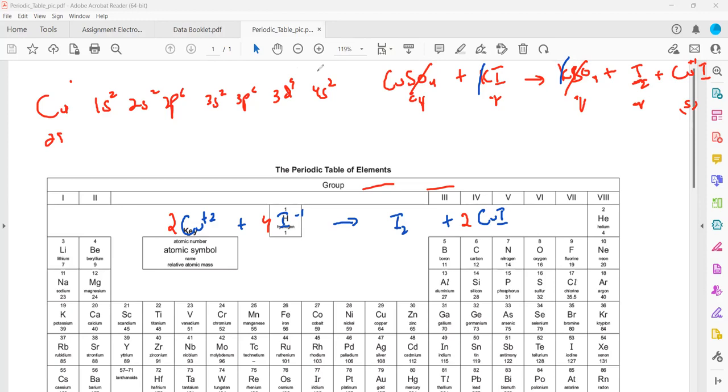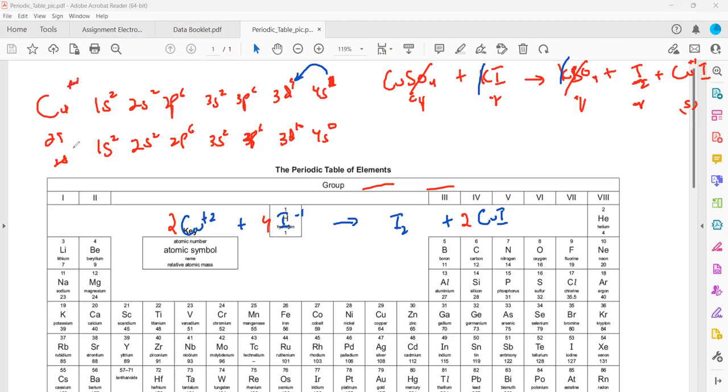Now this is the copper atom. When it loses 2 electrons, it will lose both from 4s. But when it loses 1 electron, it loses it from 4s, so this becomes 1. But to gain stability, this electron jumps back to the d orbital. As a result, it becomes 1s2, 2s2, 2p6, 3s2, 3p6, 3d10 and 4s0, like there is no electron left in 4s.